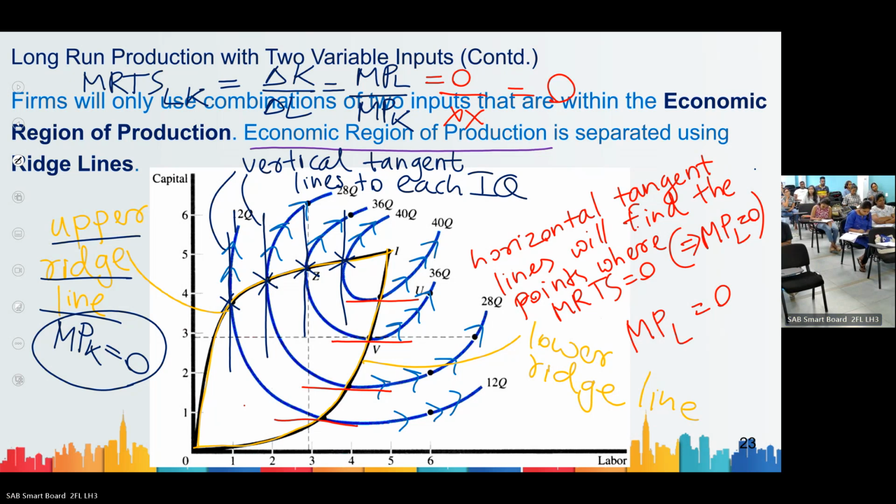And we draw the lower ridge line by combining the points where the marginal rate of technical substitution is 0. To find those points, we draw horizontal tangent lines. And those are the points where marginal product of labor is 0.